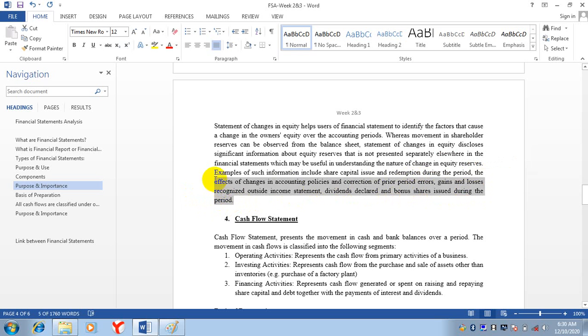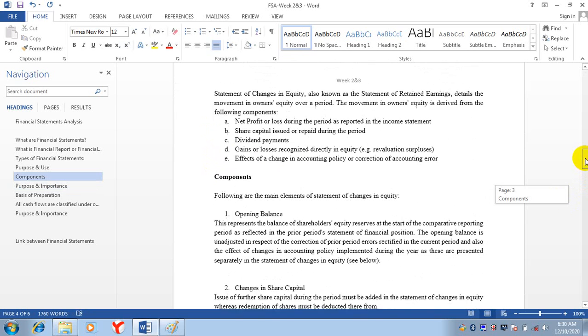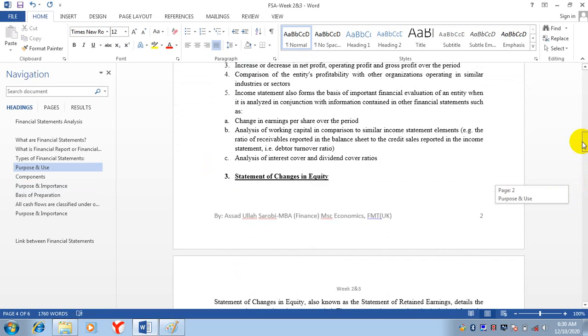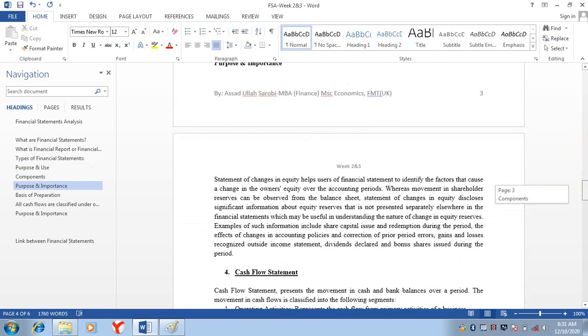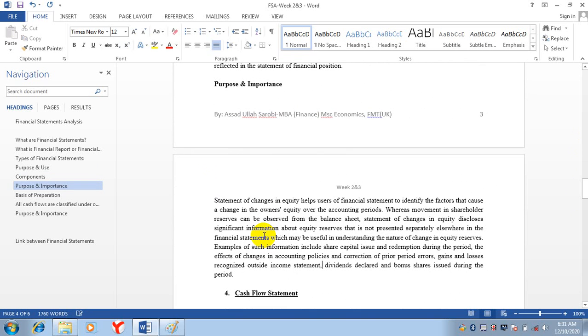So all this information is not included in the balance sheet. We are providing all this information in the statement of changes in equity. So this is the purpose and importance of the statement of changes in equity.